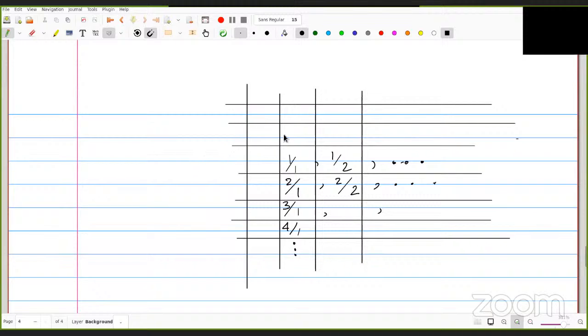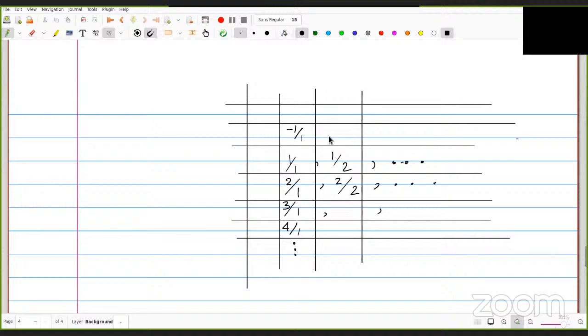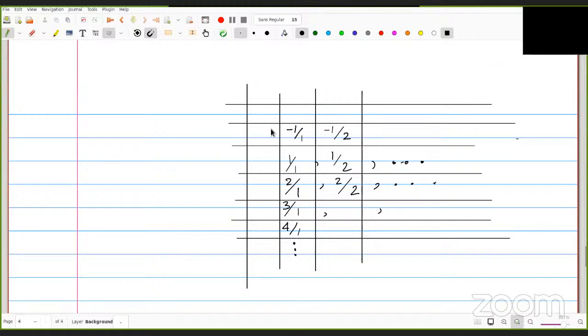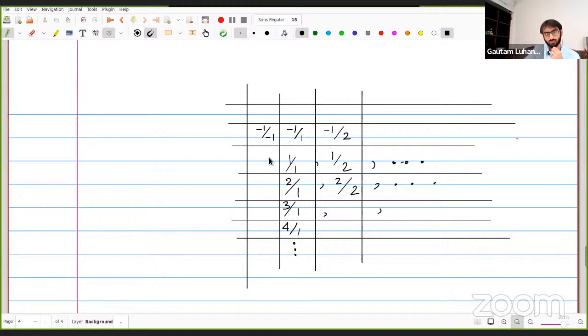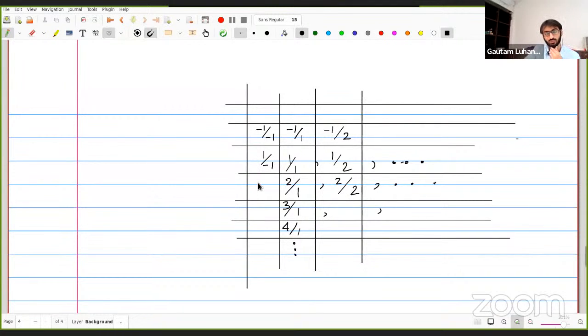Above 1 over 1, I would put negative 1 over 1. Next to that, negative 1 over 2. And to the left of negative 1 over 1, I would put a negative 1 over negative 1. And what would you put here then? A 1 over negative 1.